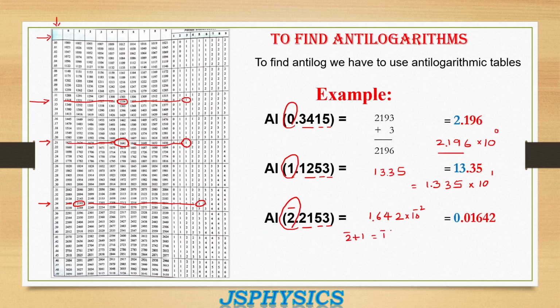Now if the answer is bar 1, that indicates the number of 0s between the decimal point and the first non-zero number. So bar 1 means one 0, so 0.01642. Or the other method is, as we know, place the decimal point after 1 digit and then take this characteristic as a power of 10, so 10 raised to minus 2. So this is our final answer.